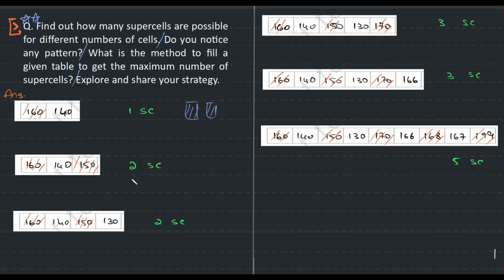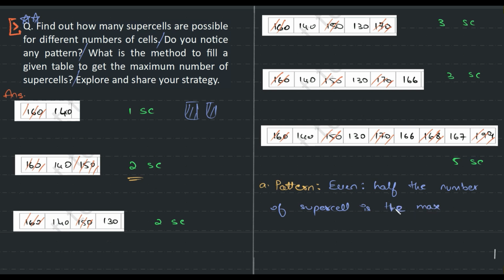When there are an odd number of cells, can you look at the pattern? When it's even, we end up with half the number of supercells is the maximum possible.